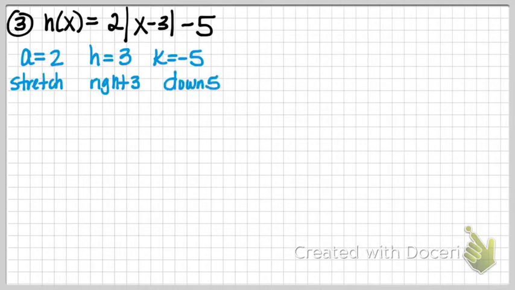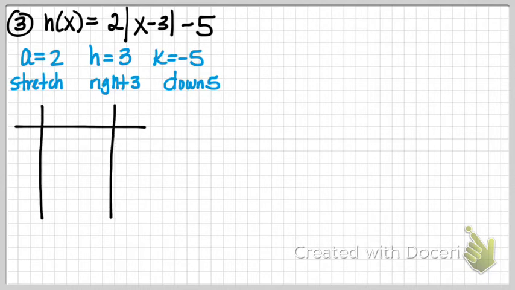All right, so let's do our transformations. I'm going to make a double table for this one, like we used to do back in Algebra 2. So for absolute value, you're taking the absolute value.